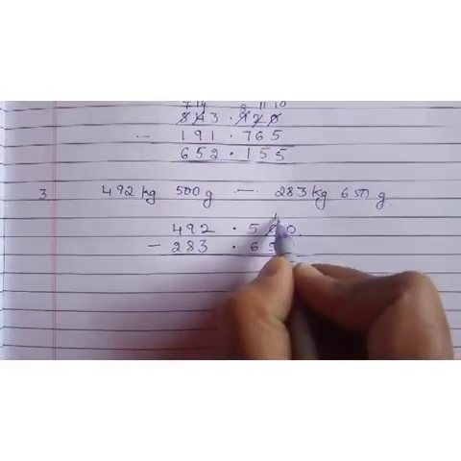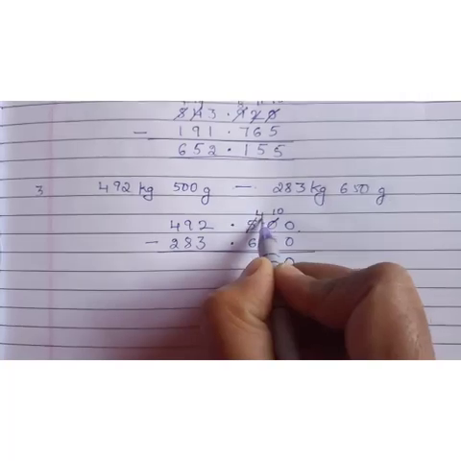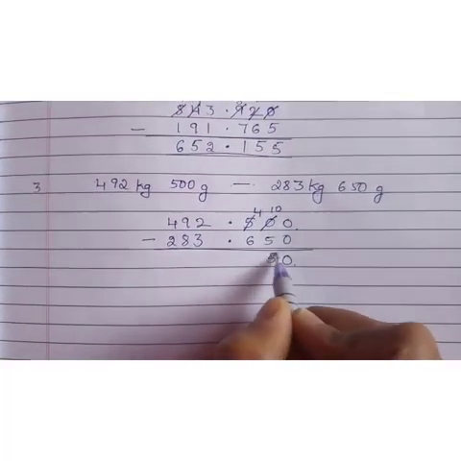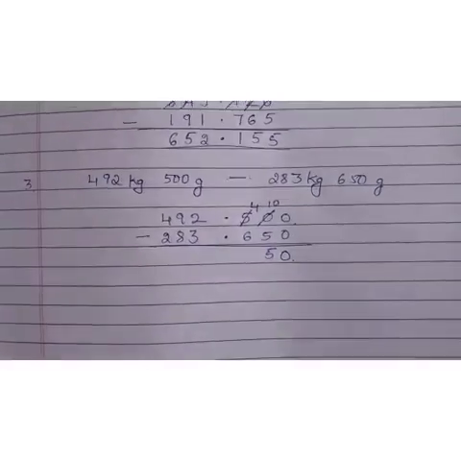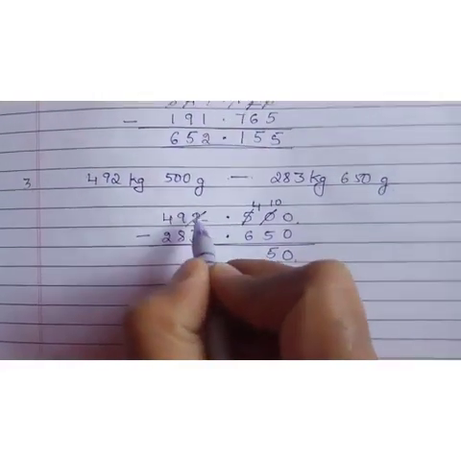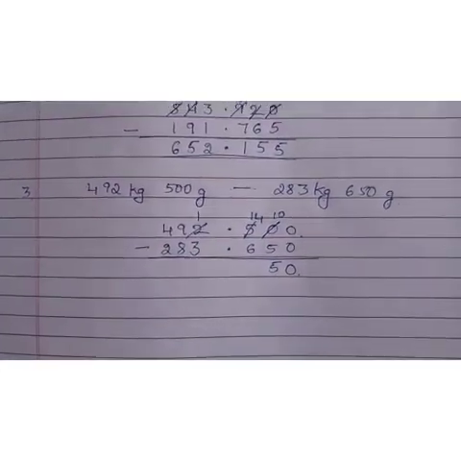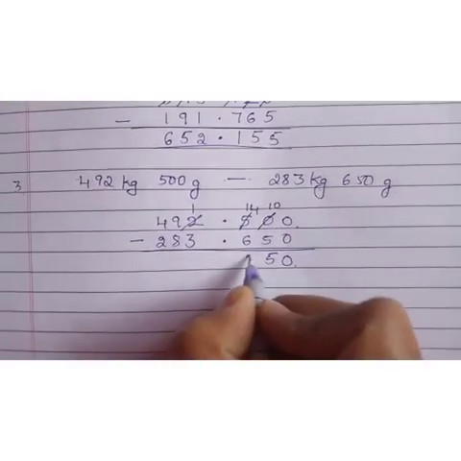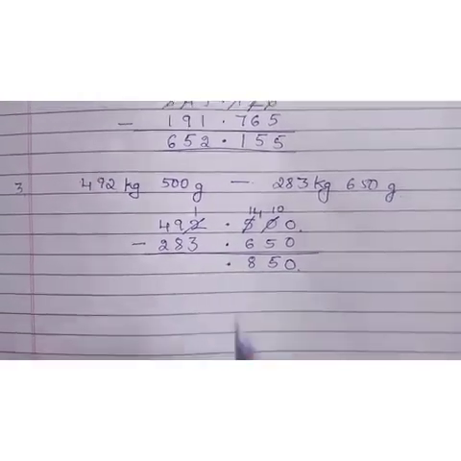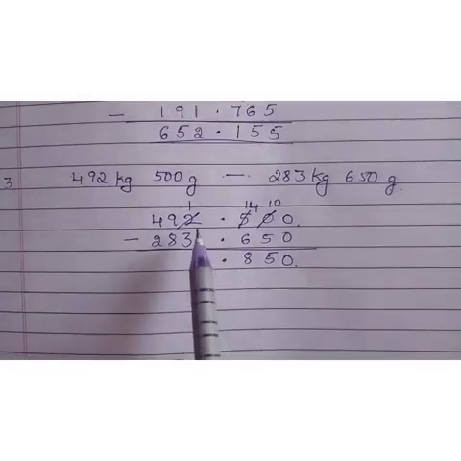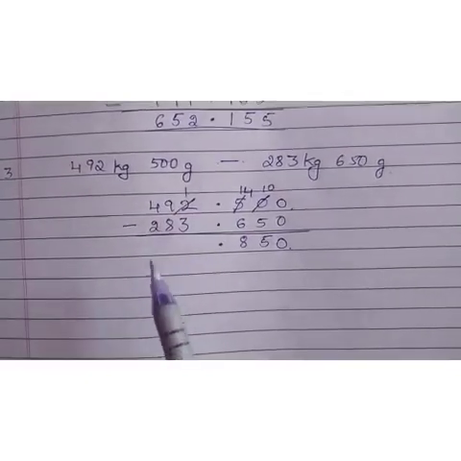Now subtract. 0 minus 0 you get 0. Next this becomes 10, this becomes 4. 10 minus 5 is 5. From 4 can you subtract 6? No. So what you will do? Borrow from here and this becomes 14. 14 minus 6 it is 8. Place the decimal as it is. Again can you subtract 1 from 3?